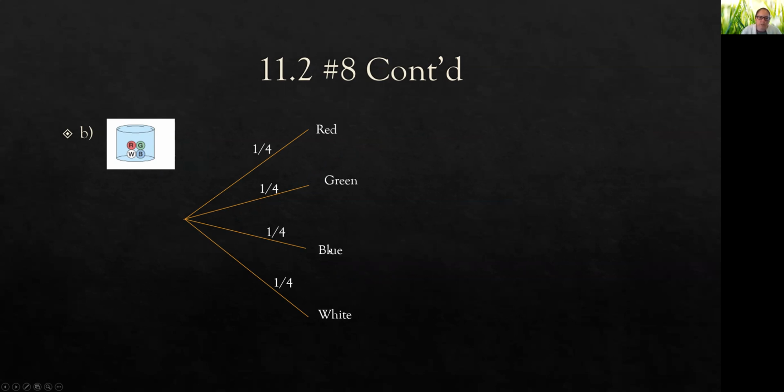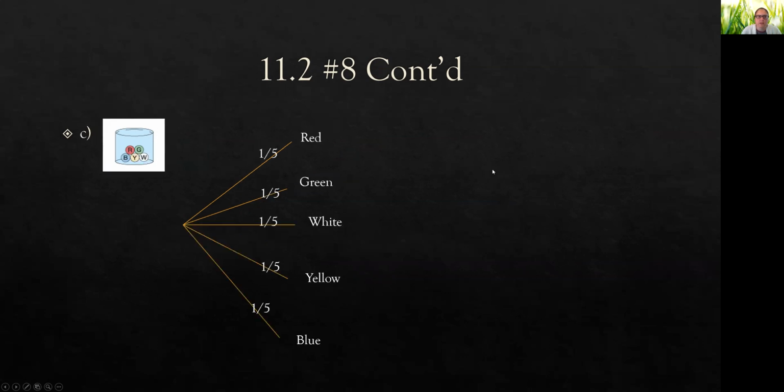We've got red, green, blue, and white, and we have a 1/4 chance of drawing each color. For the next one, we have 5 balls with 5 different colors, and we have a 1/5 chance of drawing each color. Make sense so far?